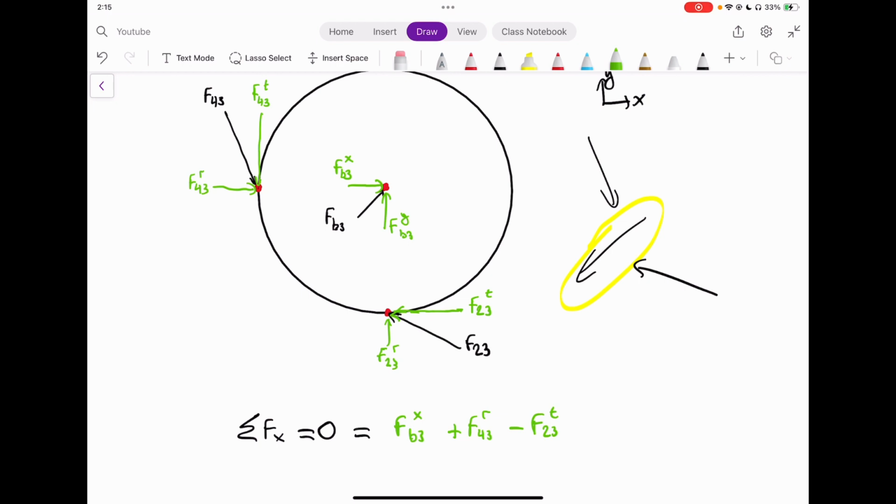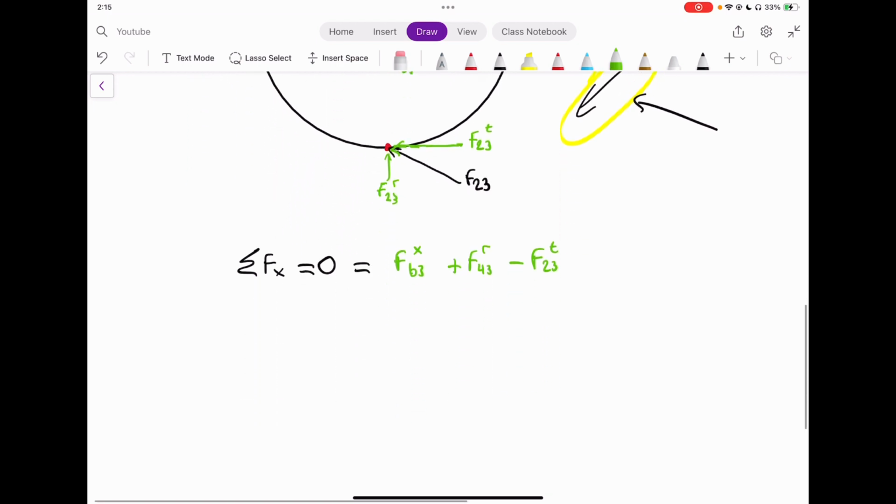Okay, so moving along, we can then try and solve this problem. What we need to find is all these different terms: Fb3x, F43r, and F23t.